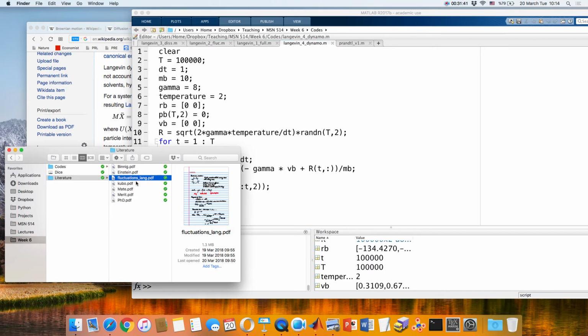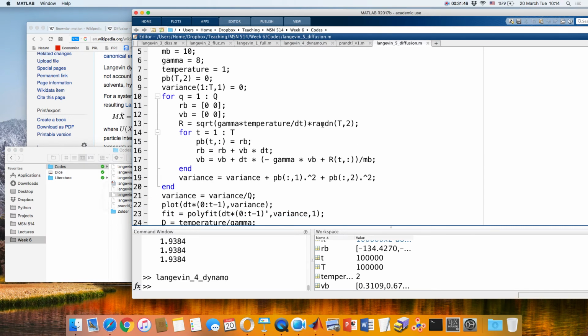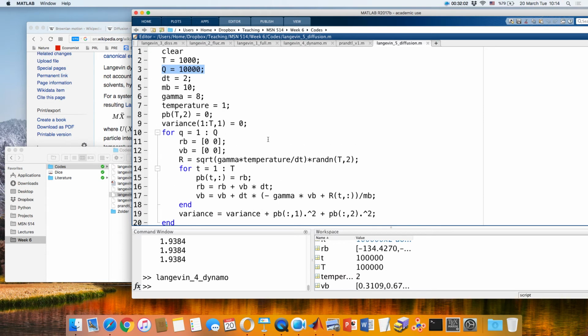So what we are going to do now is let me open the next code. You remember our Langevin dynamics, right? So this time we will repeat the Langevin dynamics starting from 0 each time. We will repeat it 10,000 times, okay? And then maybe I didn't write some comments here. I'm sorry about that, but did you get the point?